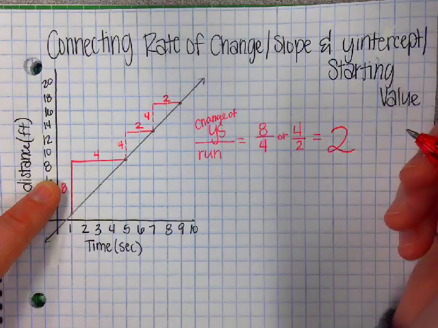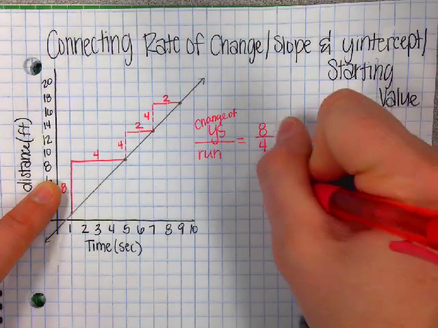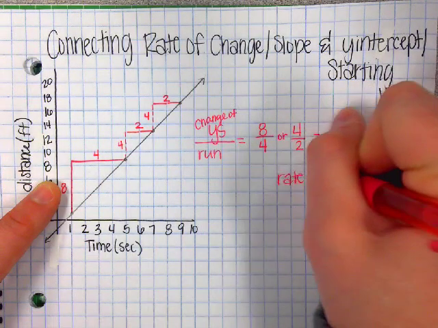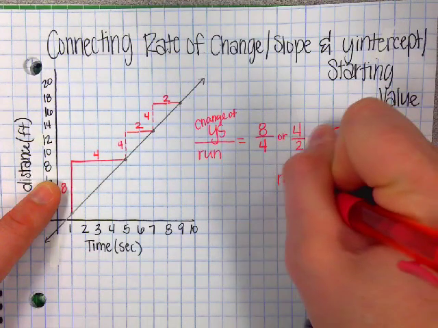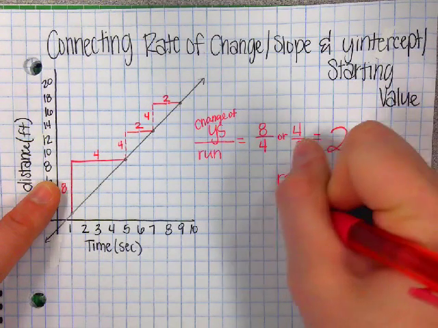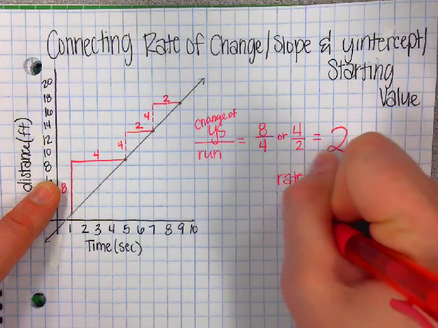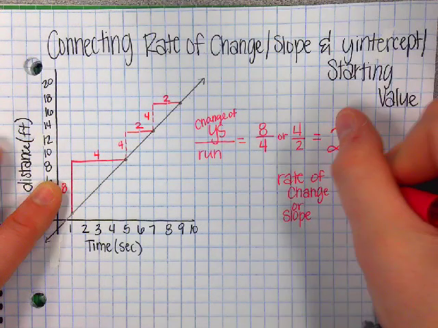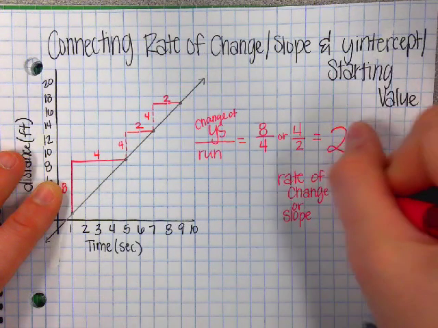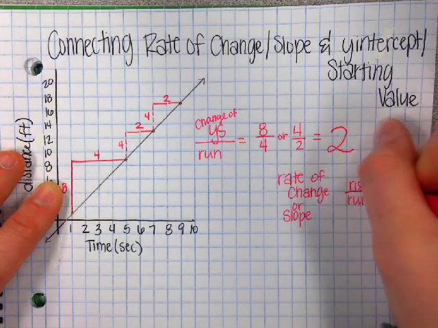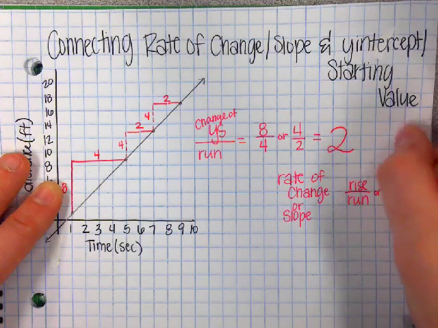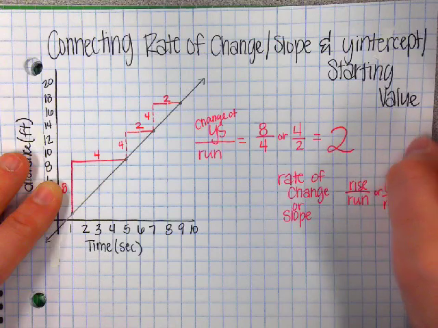Okay, so you probably want to write this down again. So to find rate of change or slope, you want to do rise over run, or y's over run.